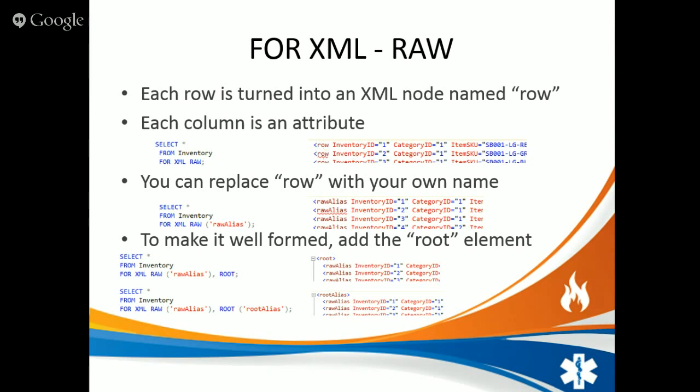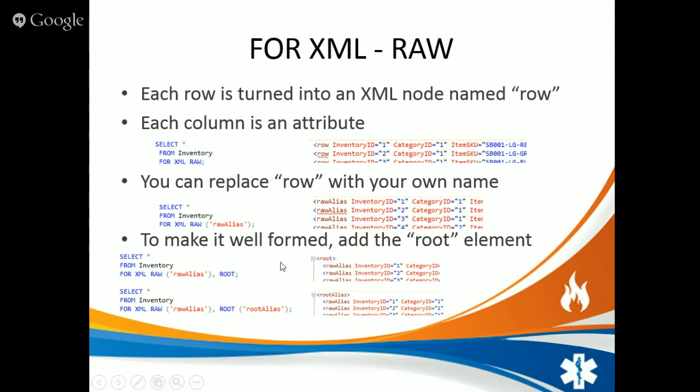Pretty creative there. So for each one of them, we have the inventory ID of 1, 2, and so on. We'll go over these in the code samples, just giving you a quick overview. You can replace that row with an alias if you want, so you can see here there's a row alias for each one of the results.